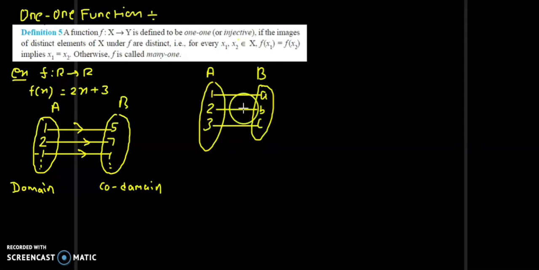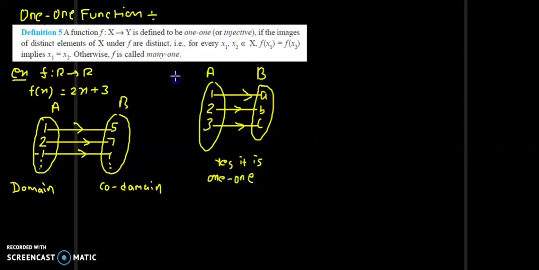It is possible 1 related to b, 2 related to c, so that is okay. Then we can mark the arrow sign from here to here, here to here, here to here. So one-one, yes, it is one-one.